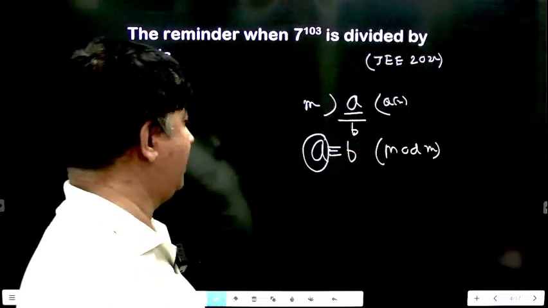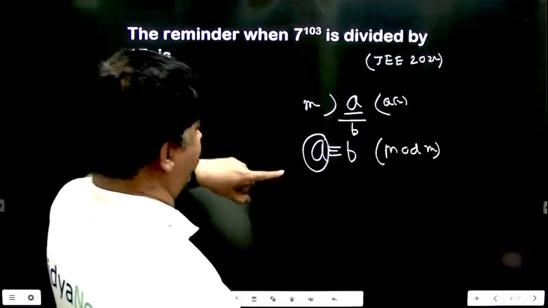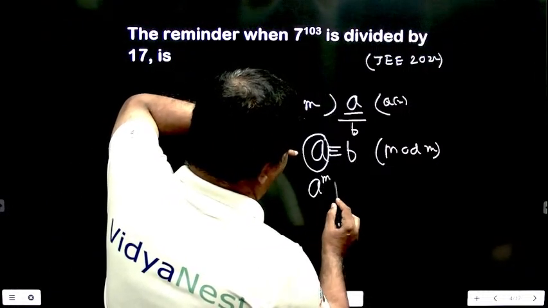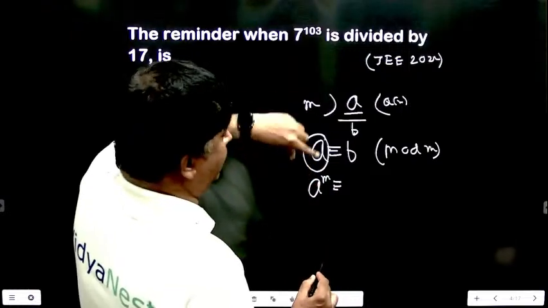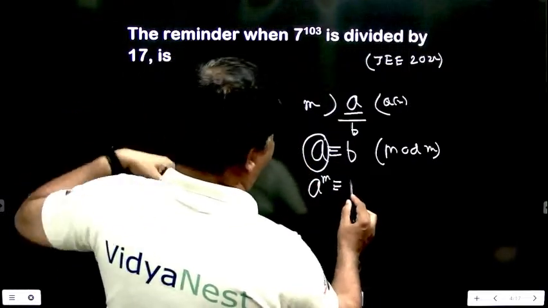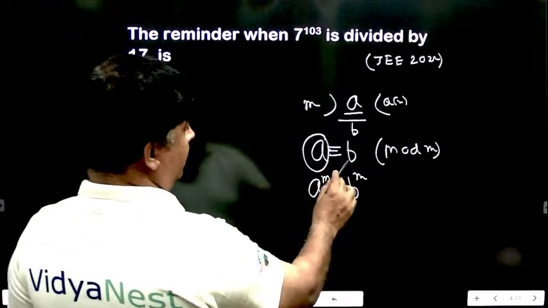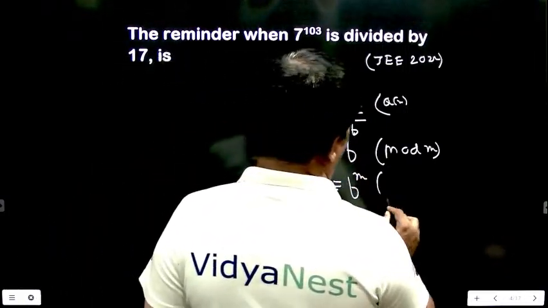modulo. Now, Fermat's principle states that even if we take some power of the dividend, I will get the same power on the remainder also.